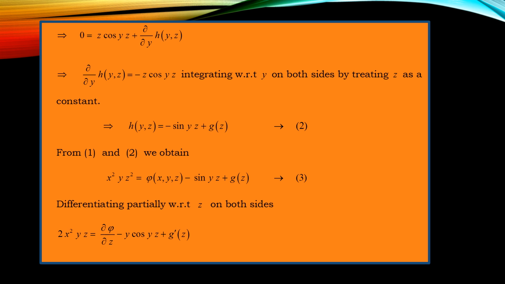To find out g of z, we differentiate this equation with respect to z on both sides. If we differentiate partially with respect to z on both sides, this equation becomes 2x²yz is equal to ∂phi/∂z minus y cos yz plus g dash z.